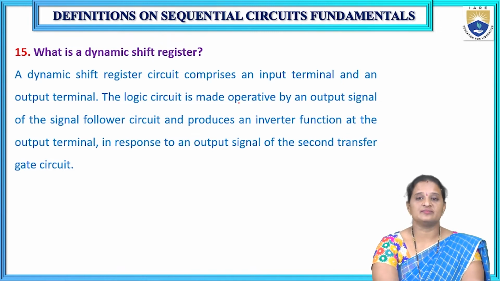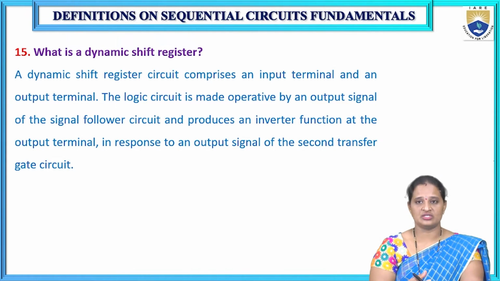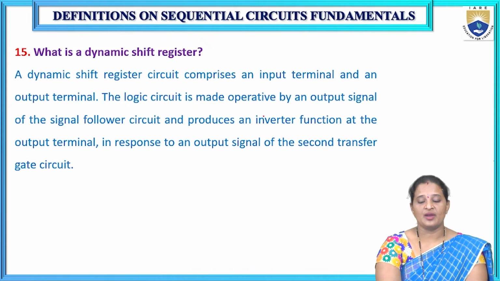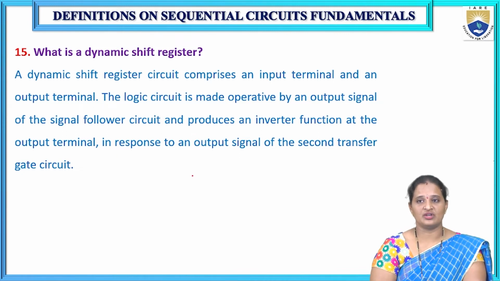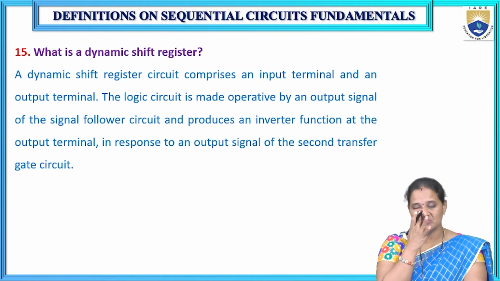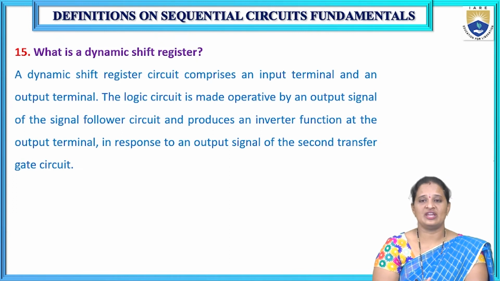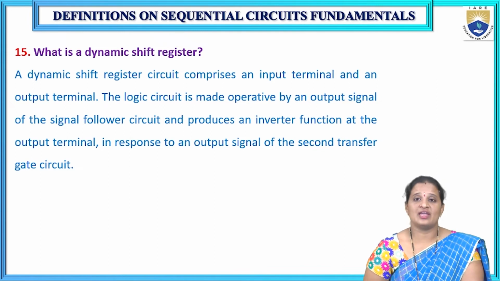The logic circuit is made operative by an output signal of the signal follower and produces an inverter function at the output terminal in response to the output signal of the second transfer. So it dynamically changes the state of the data stored in the register. That is why we call it a dynamic shift register.